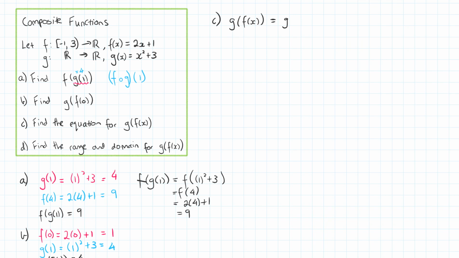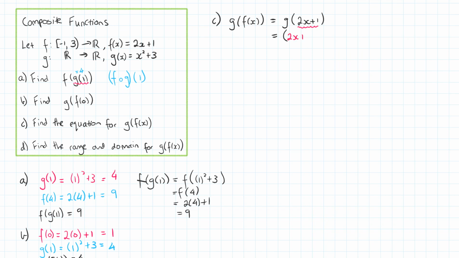So I'm going to work out what f is. F is 2x plus 1, so I'm subbing in my equation for f of x. And now I need to substitute this part in wherever I see an x for g.